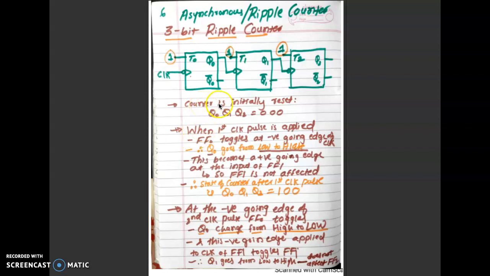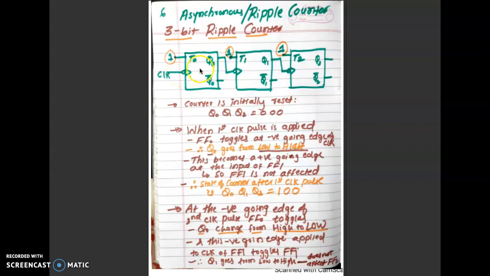Let us assume the counter is initially reset. Reset means all the outputs Q0, Q1, Q2 are in 0, 0, 0 state. This is 0, this is 0, this is 0 at the reset position. When the first clock pulse arrives, then what is going to happen?